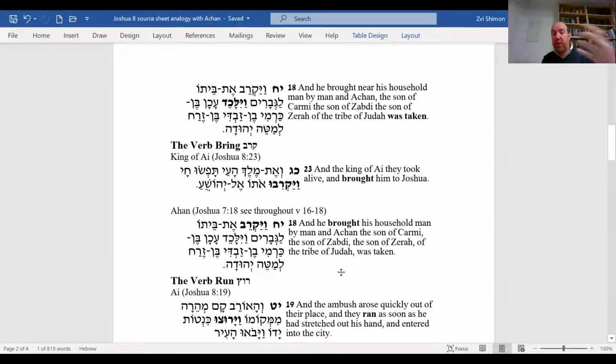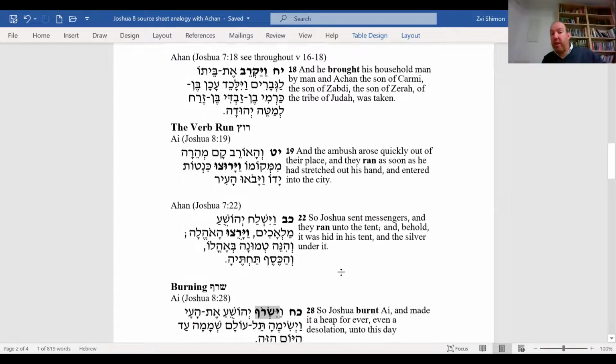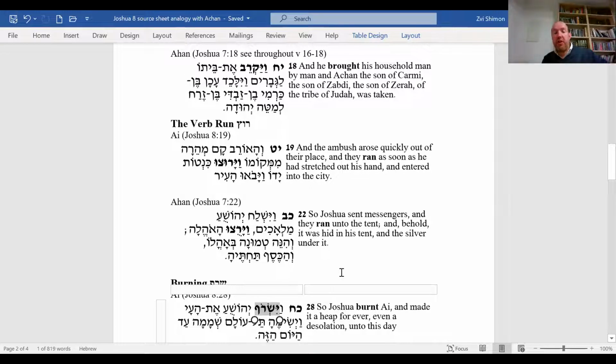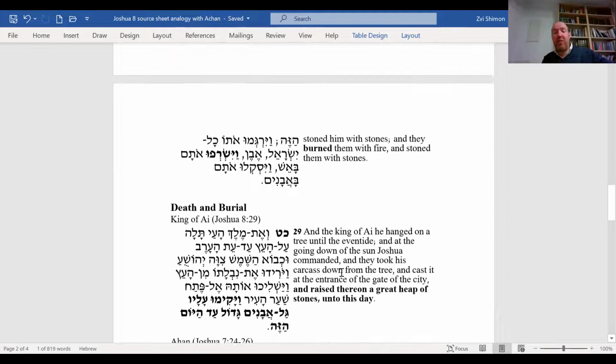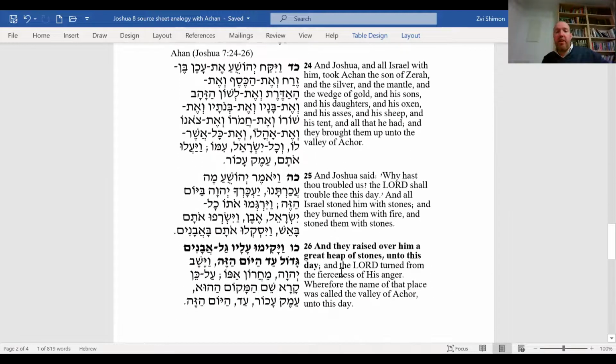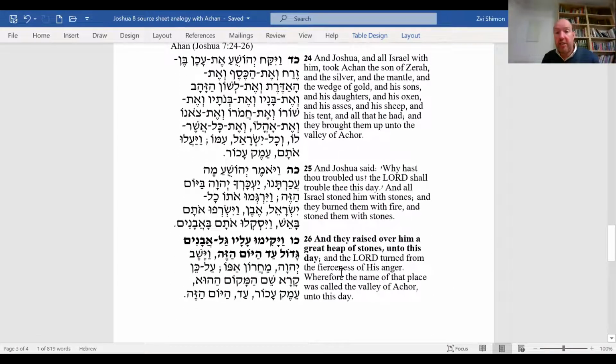And the issue of bringing forth to judgment, and running, which surprisingly is also quite uncommon in war descriptions. And of course, the burning, and finally, like we said, the death and burial. There seems to be a clear connection between these two chapters.